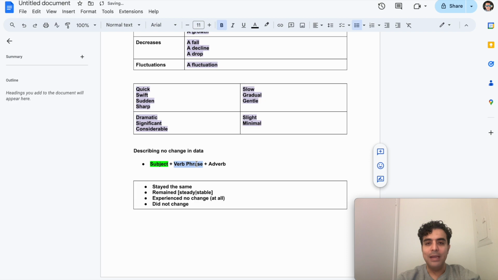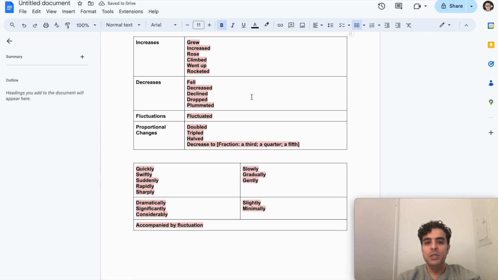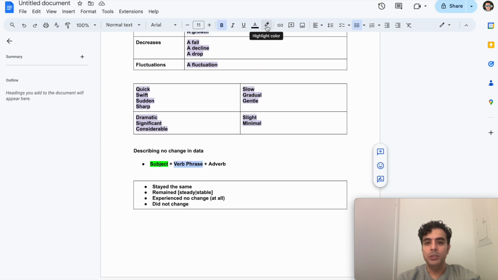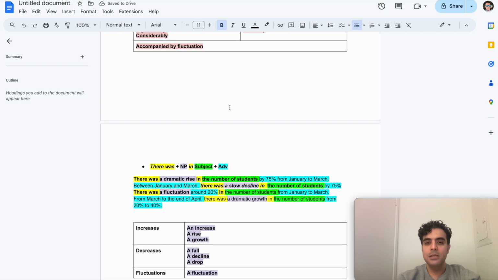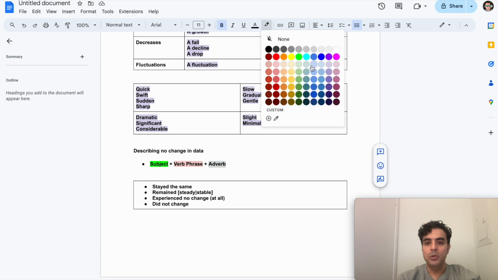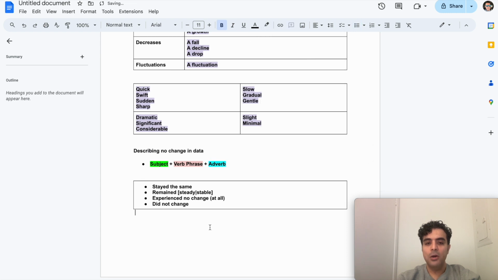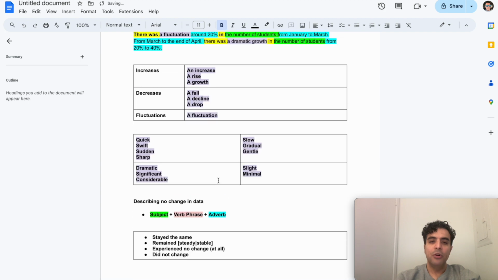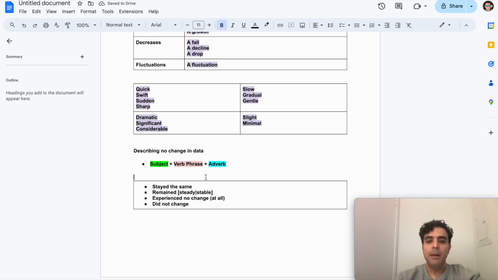The verb phrase, we're going to use the same color as above, so we'll use red one more time, and the adverb was consistently shown in blue, so we're going to do the same. Now, let's try to write a few examples here for you all to see. So my first example is going to be the number of students remained steady from January to March.